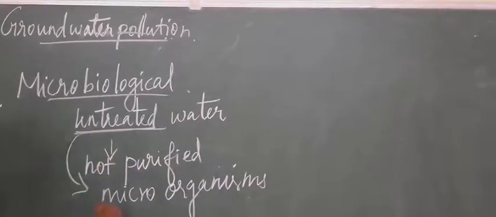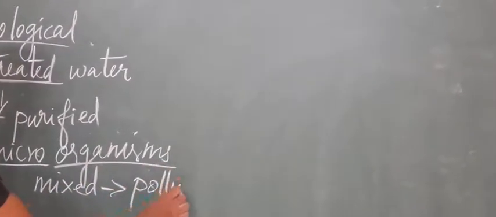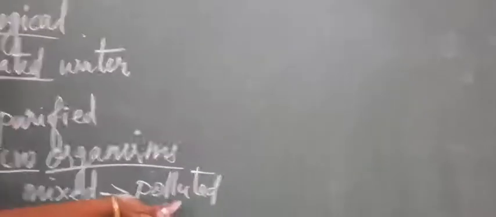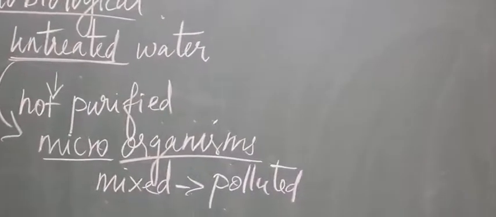If the microorganisms are mixed in the water, those waters get polluted. The people who are drinking those waters, and the animals which are living in this polluted water, get ill health. And the last one, oxygen depletion pollution.